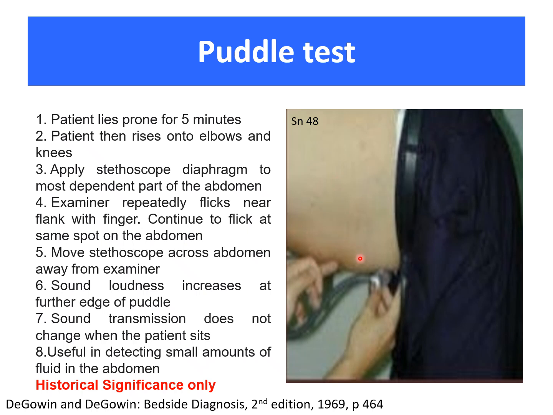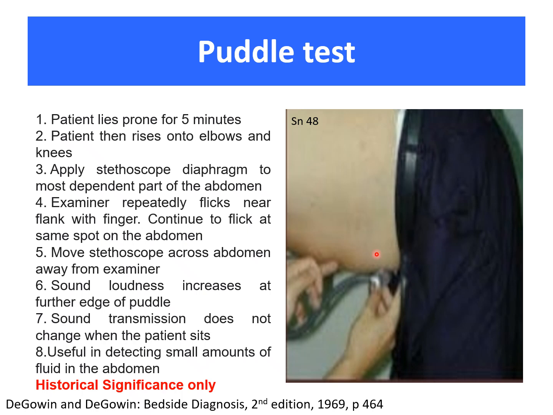You're going to move the stethoscope across the abdomen from dependent to the bottom, and you're going to move it up towards the side. And if there was fluid accumulating down at the bottom here, then you would hear the sound of the flicking as dull.